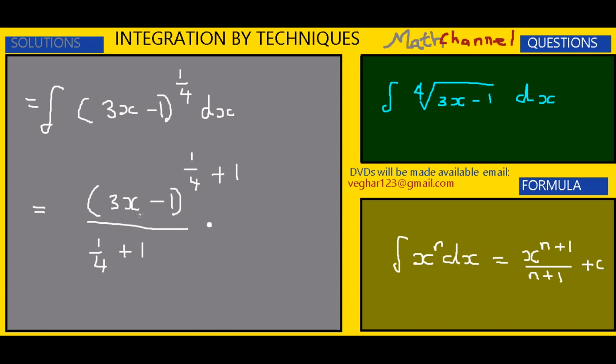And then from there, we have to find the value. When we derive this, what will you have? You'll have 3, and then 3 is not here, so you put it underneath.